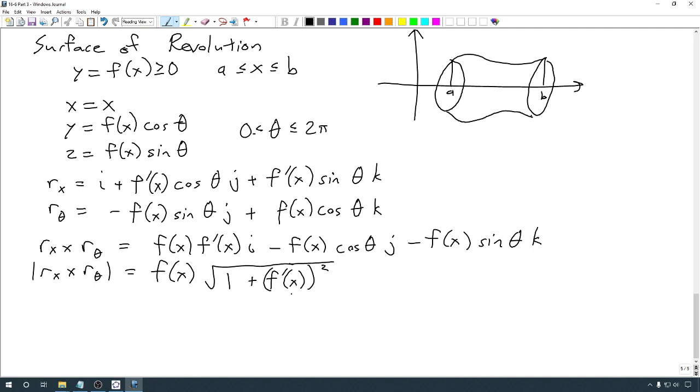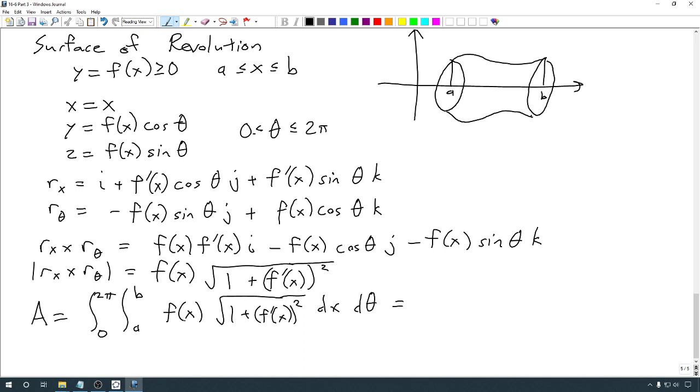Of course, since theta is going from 0 to 2 pi, when we integrate this, we have from 0 to 2 pi, we have x going from a to b, we have all this stuff in here, dx d theta, but nothing on the inside here actually depends on theta anymore.